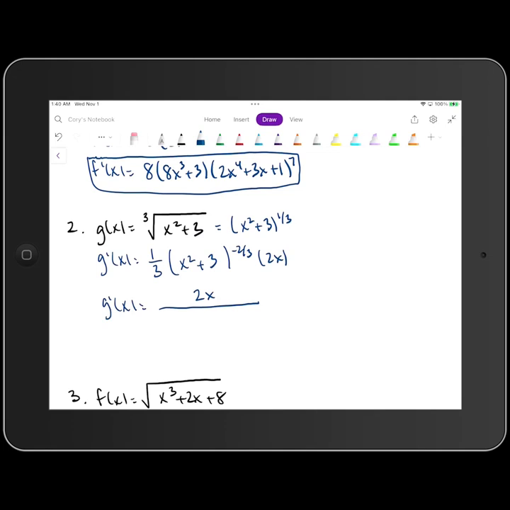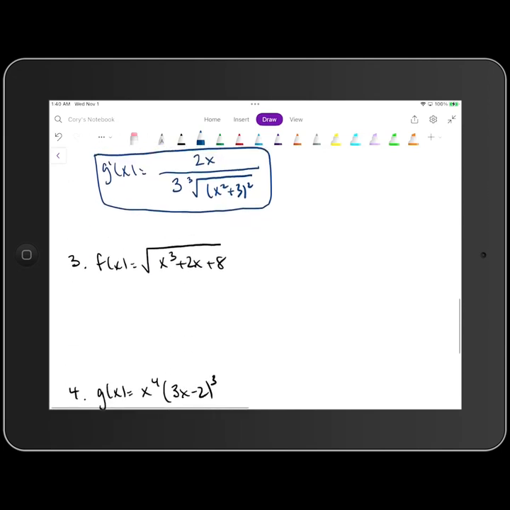In our denominator, we have a factor of 3, and then x squared plus 3 to the negative 2/3 power is going to put x squared plus 3 to the 2/3 power in our denominator, which is the cube root of x squared plus 3 quantity squared. Okay, and that right there is our derivative simplified completely.